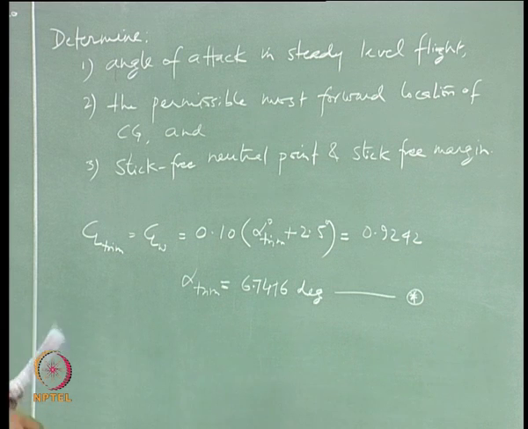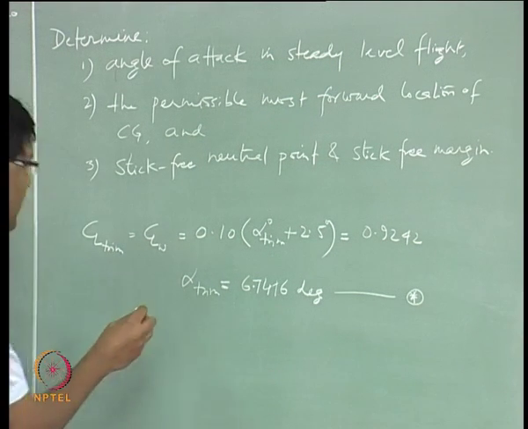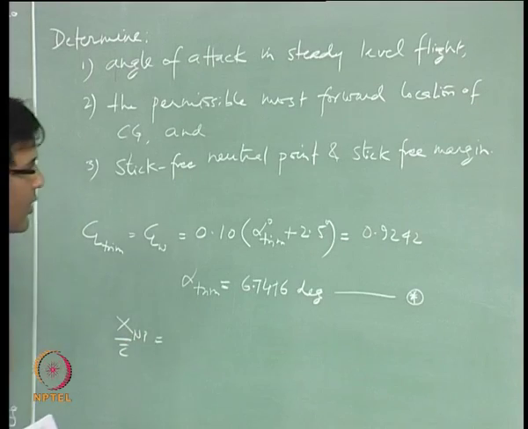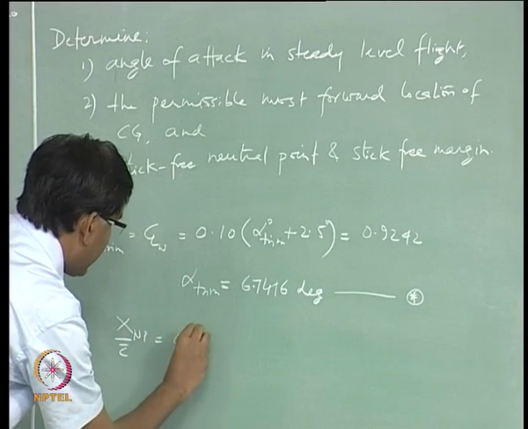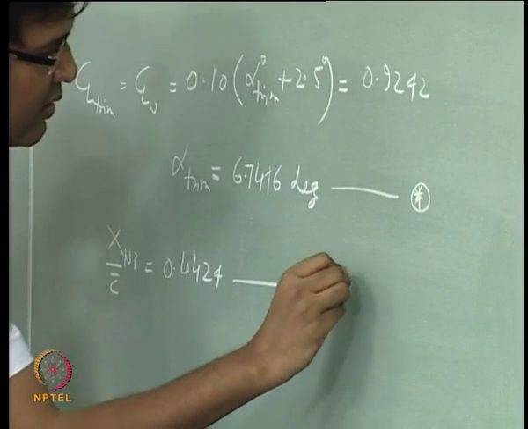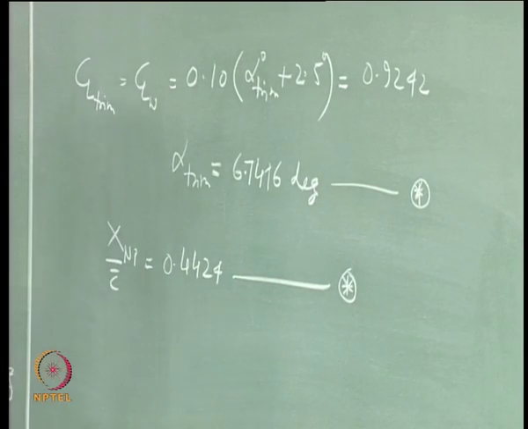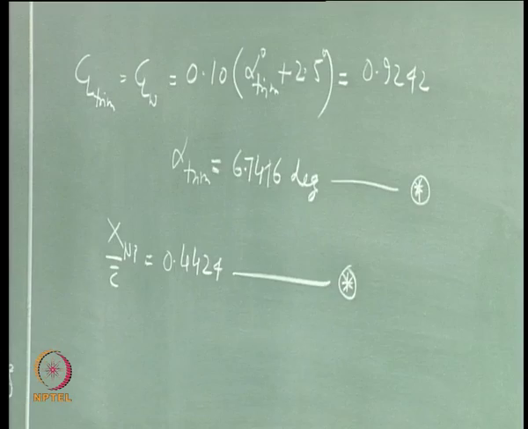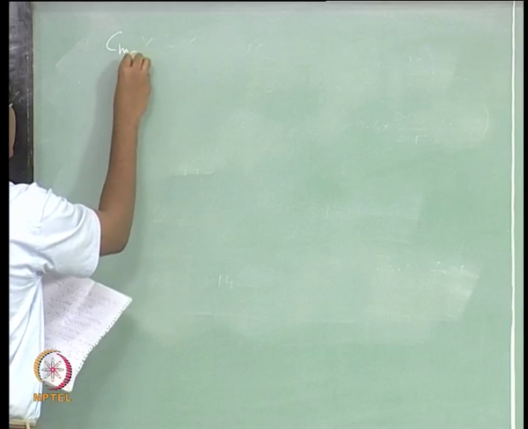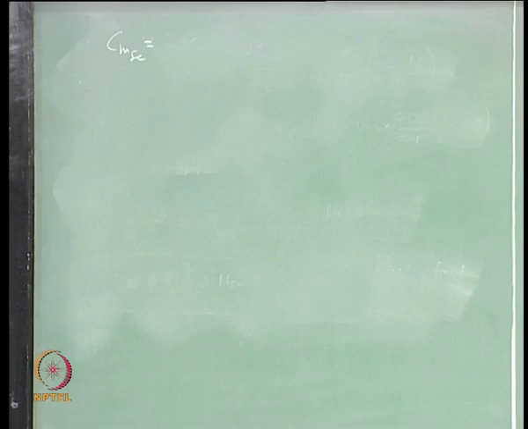Okay, let us try to find out the elevator control power, Cm delta E, right.